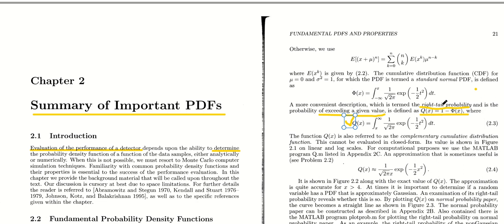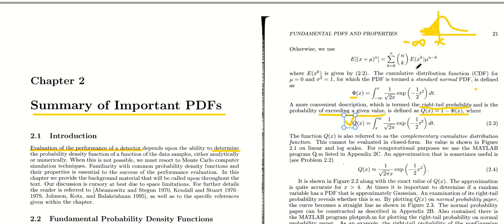And you see that this is an integration from minus infinity to x, and this is the Gaussian distribution. So if you have a Gaussian, then phi is doing integration from minus infinity up to x, and x is a specific value, so you're integrating this area.